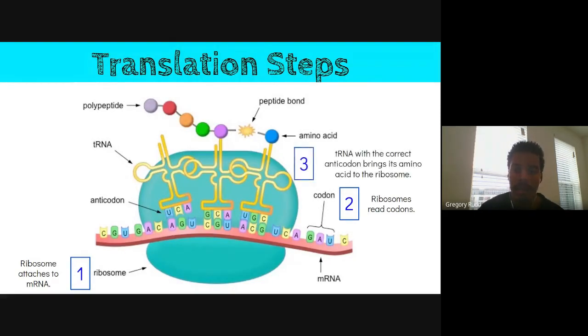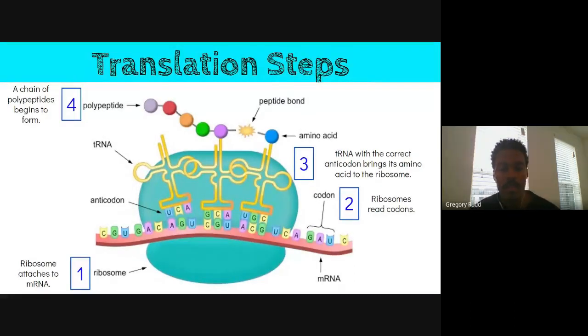Step 3, tRNA, which literally looks like a lowercase letter t, but it stands for transfer RNA. The tRNA with the correct anticodon will bring its amino acid to the ribosome and prepare for it to be linked. And that's the last step. You end up with a chain of polypeptides that starts to form.